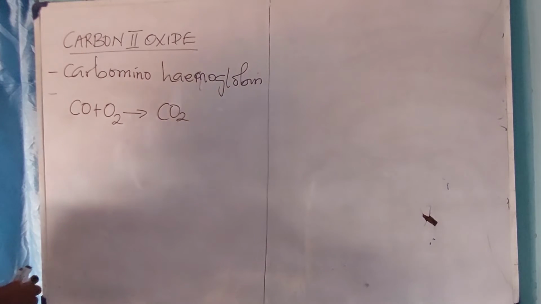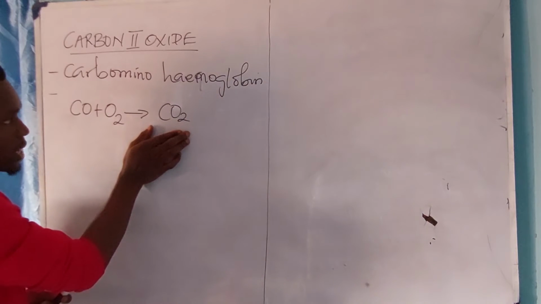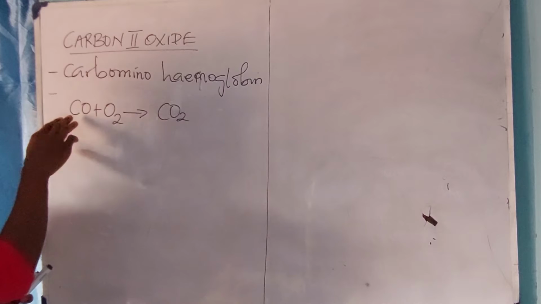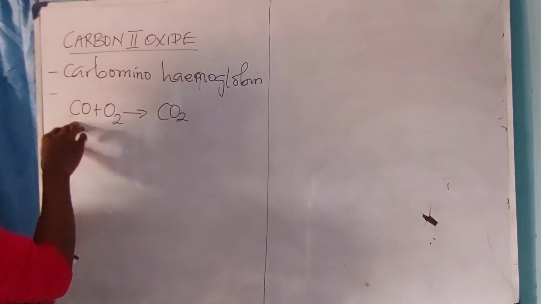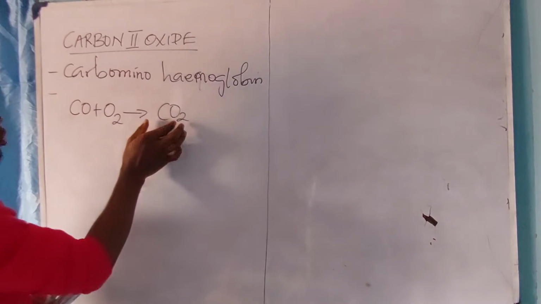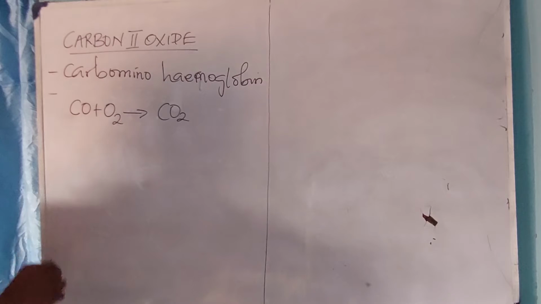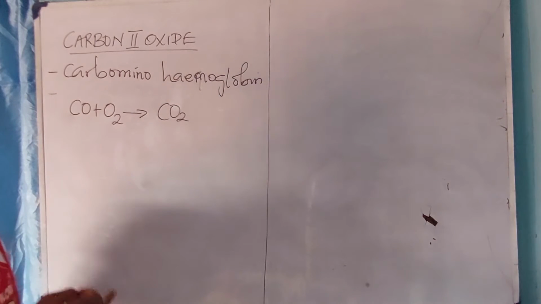So when it reacts with oxygen, it produces carbon 4 oxide. It burns with a blue flame to produce carbon 4 oxide. Now this carbon 2 oxide also reacts with oxides of lead, copper, and iron.